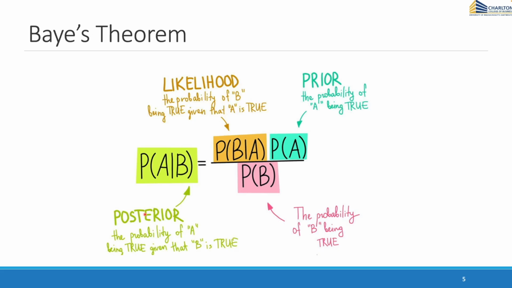So we use some prior knowledge, we get some new information or likelihood, and we update our belief under some conditions. In another definition, you use conditional probability to find a reverse conditional probability. That's a core concept of Bayes' theorem.